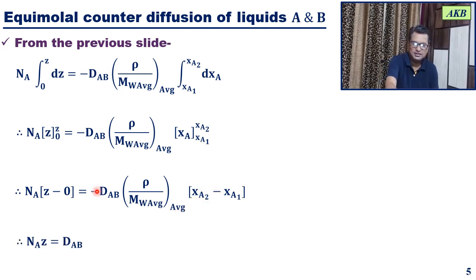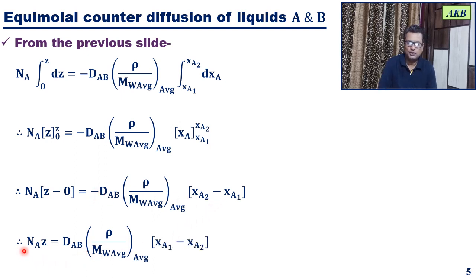And in the next step, you will multiply with this minus sign into the bracket. If you do that, you will get Na into z equal to DAB rho upon MW average value times xa1 minus xa2.